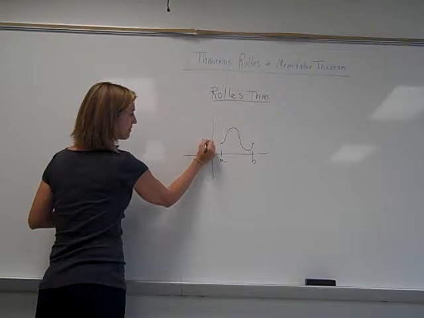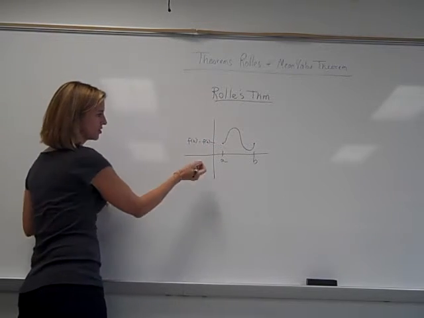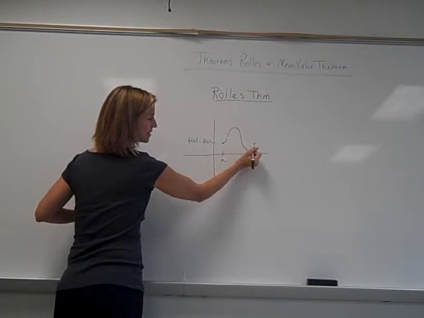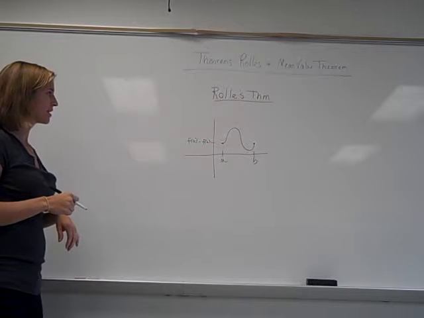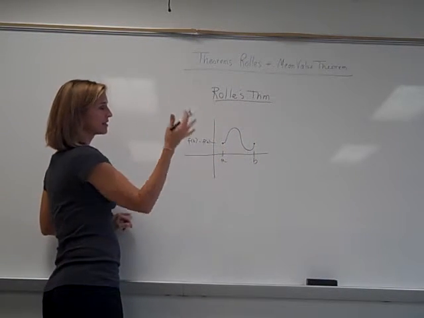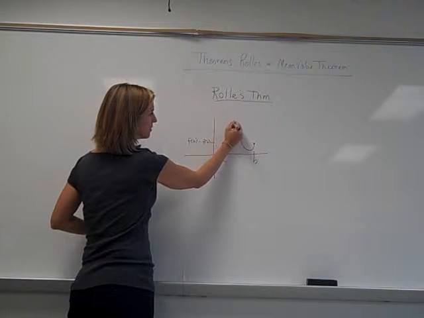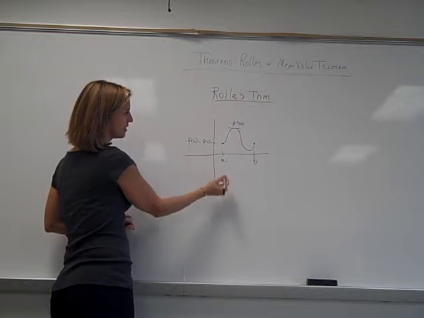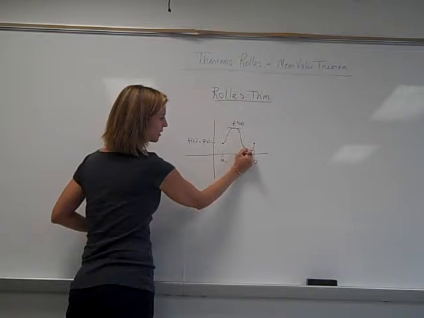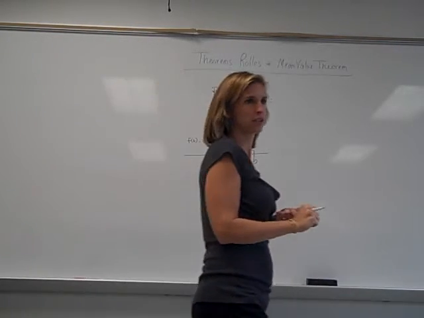So if this is f of a and it's also f of b, so my function starts here and it ends at the same y value over at b, and if this is continuous and differentiable all throughout, then at least once there's got to be a spot where the derivative equals 0. In this case, it's happening there, and it's happening there.